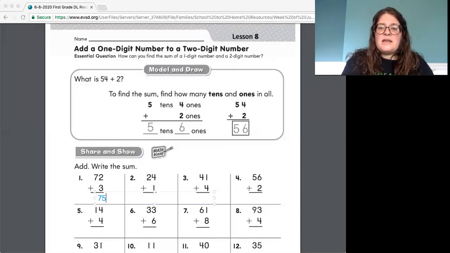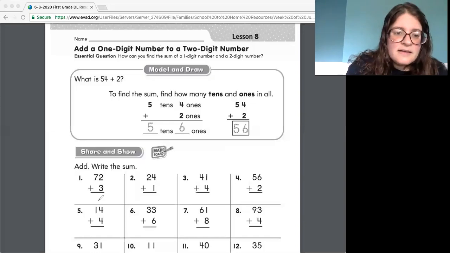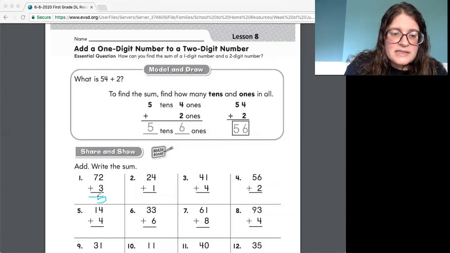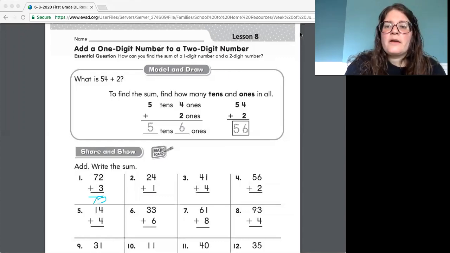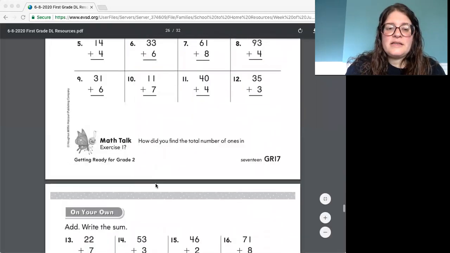Oh, and it's not going to let me. So let me just draw it. 2 plus 3 is 5. And then 7 plus 0 is 7. There we go.